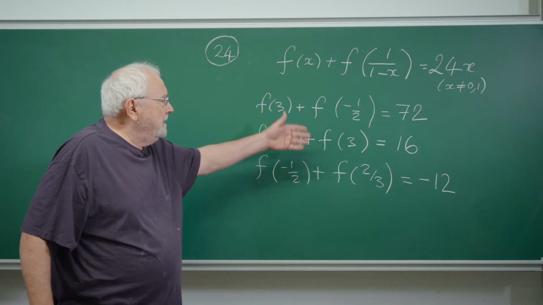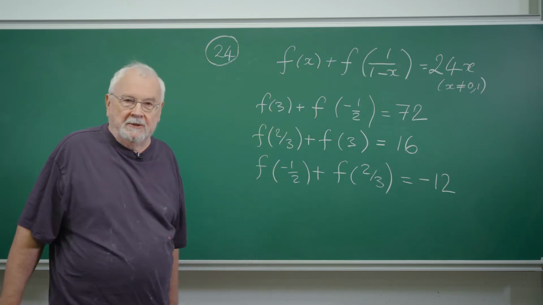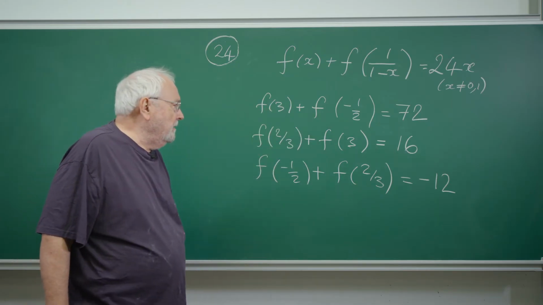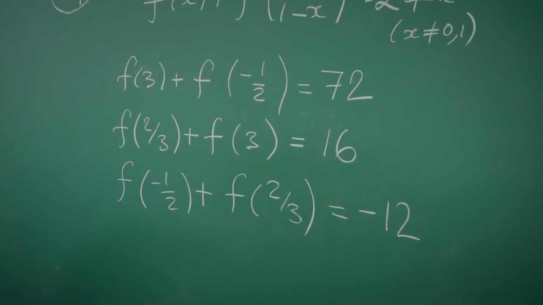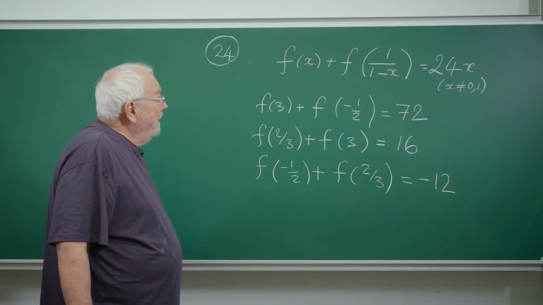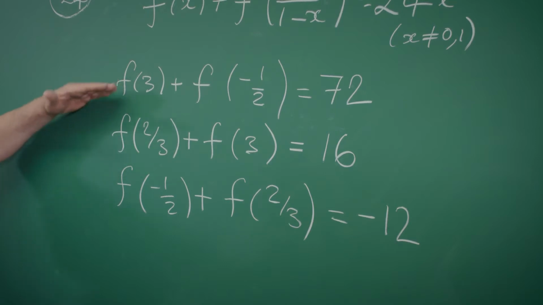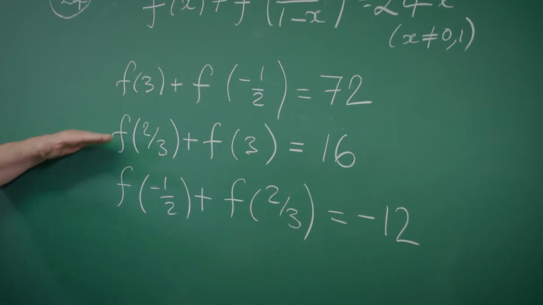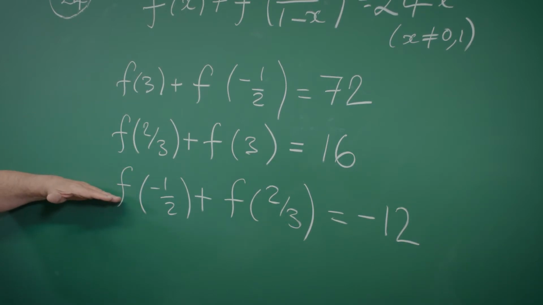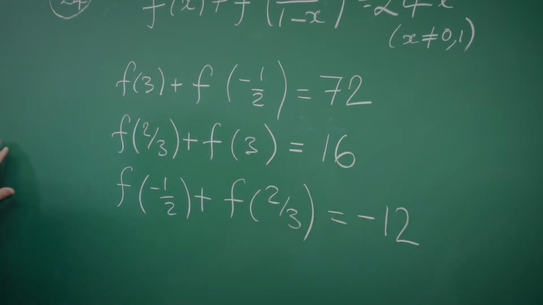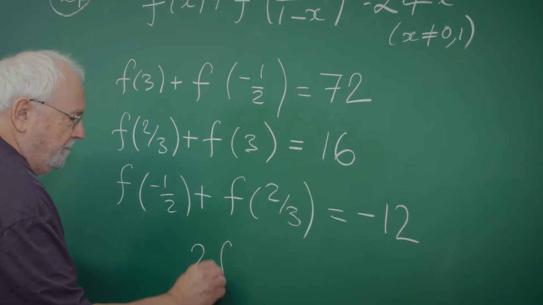Nonetheless, if we regard these as unknowns, we've got 3 linear equations and 3 unknowns, and we ought to be able to solve them. And so we could go ahead and solve 3 linear equations and 3 unknowns in the usual way. But you could do that more quickly than using a standard method. You could just add up the left-hand sides of the first 2 equations and subtract the third left-hand side, because that would leave you with twice what you're interested in.